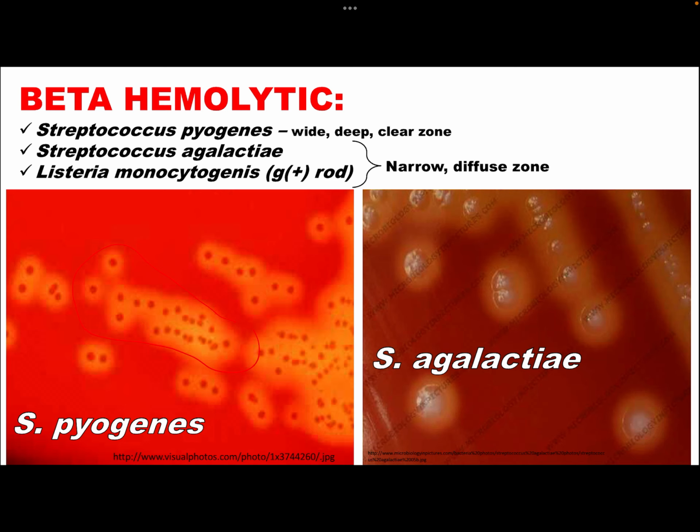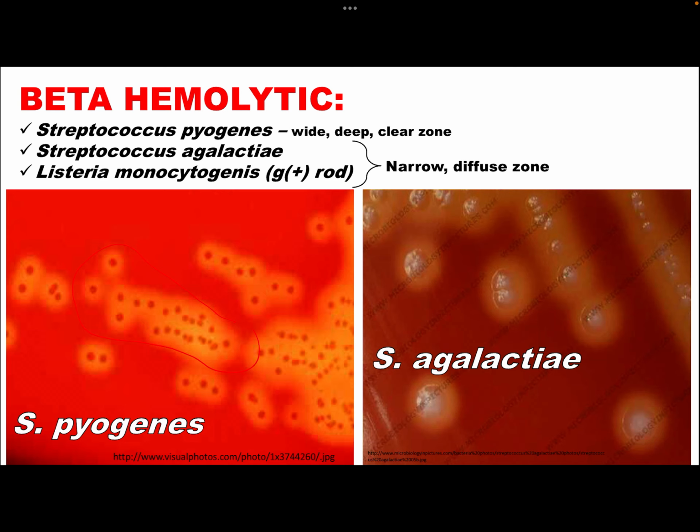And you also have this gram-positive Listeria monocytogenes, a gram-positive bacillus. Differentiating Streptococcus pyogenes and Streptococcus agalactiae is easier if you already know by heart the characteristics of the colonies of these microorganisms, aside from the fact that they are both beta hemolytic.